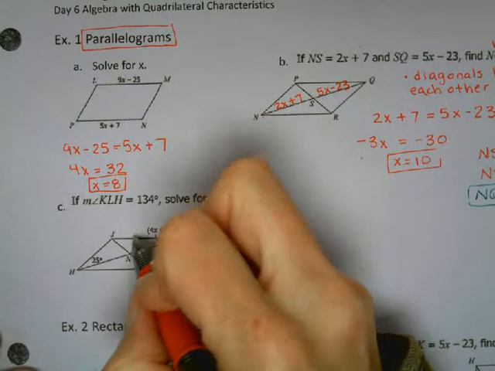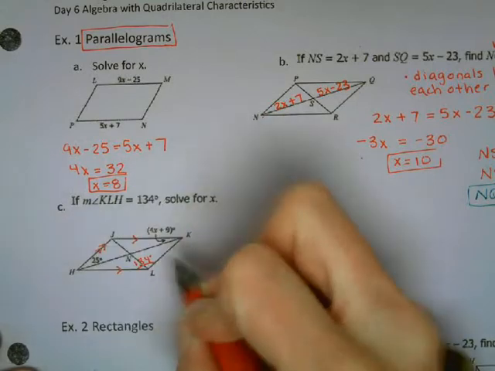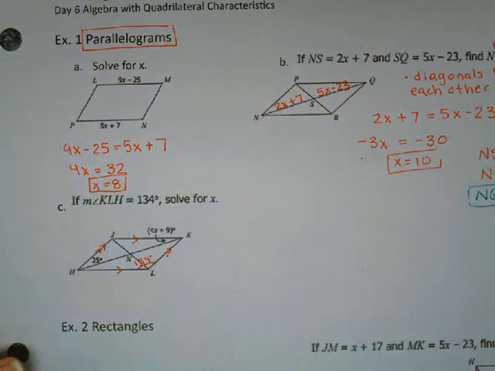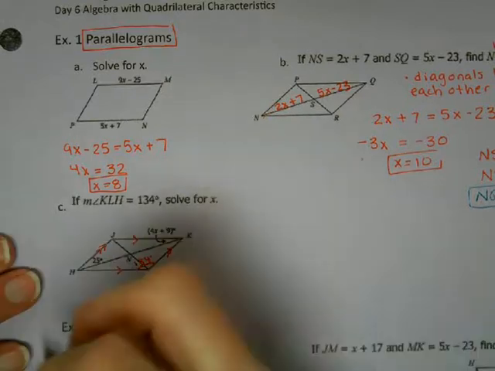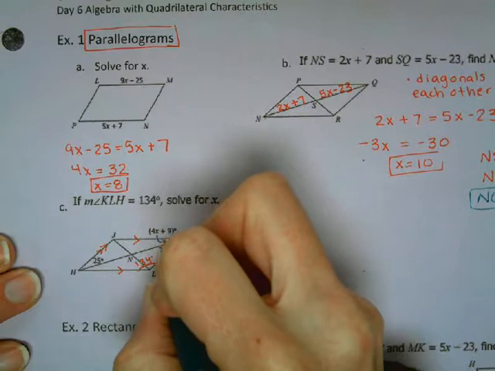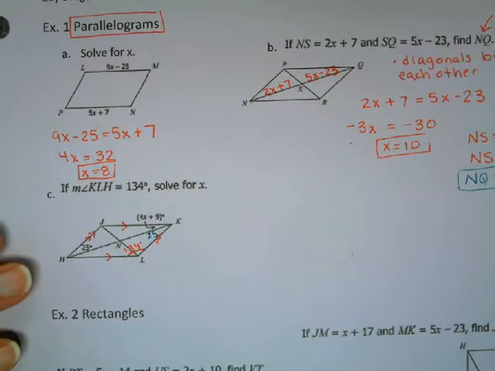But we do know these lines are parallel. And if lines are parallel, we can use what's called alternate interior angles to help us out here. Again, multiple ways to do this. Let's say if this is 25, this angle right here is 25, because those would be alternate interior angles.